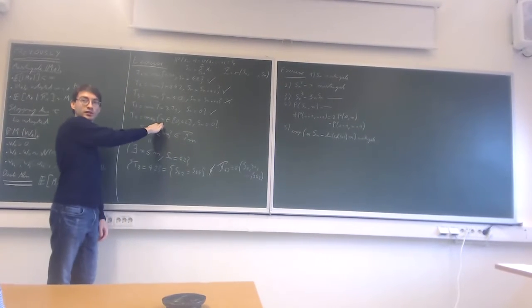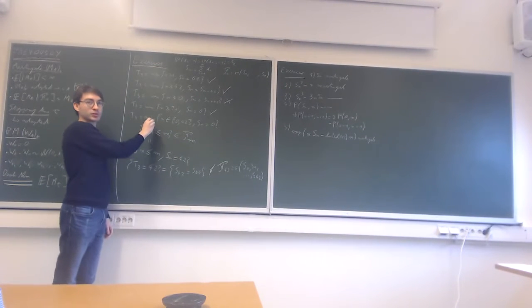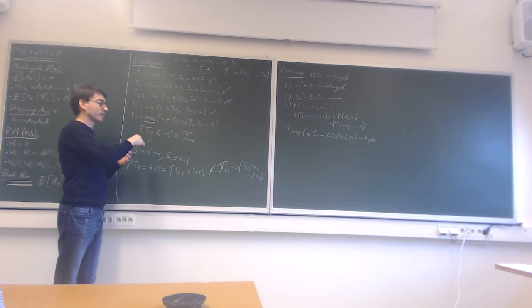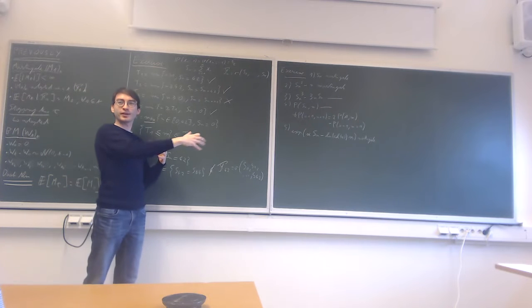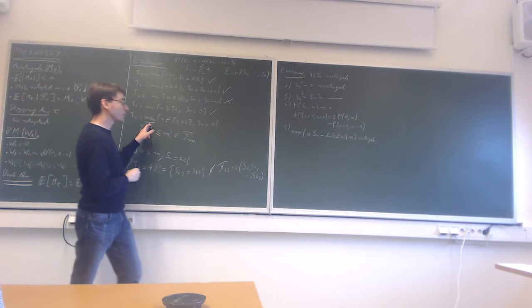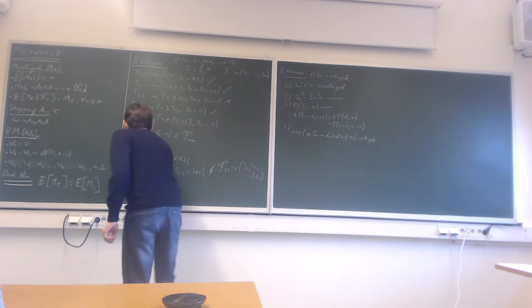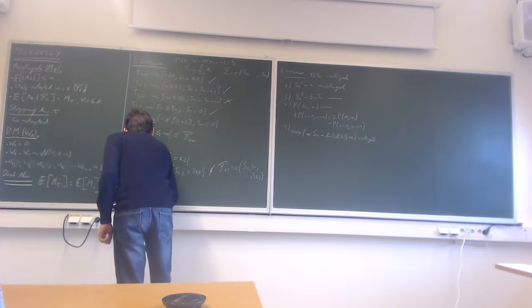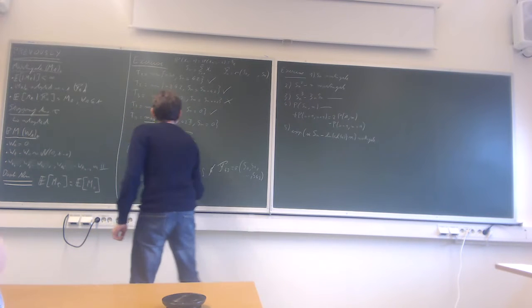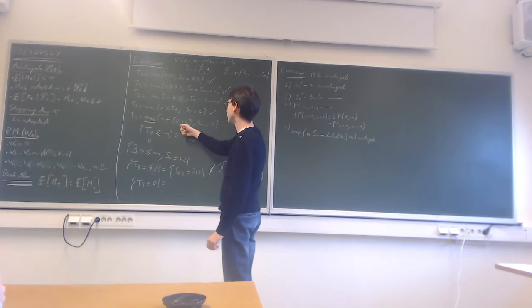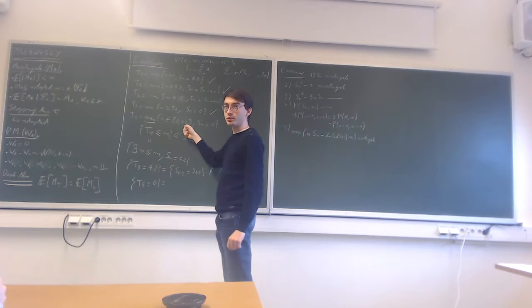And this one typically doesn't work because you have a maximum here, so you take information that is too far away. If you want to prove that this one is not measurable, I suggest that you look again at T5 equal to 0, and this event depends on information from 0 to 42.